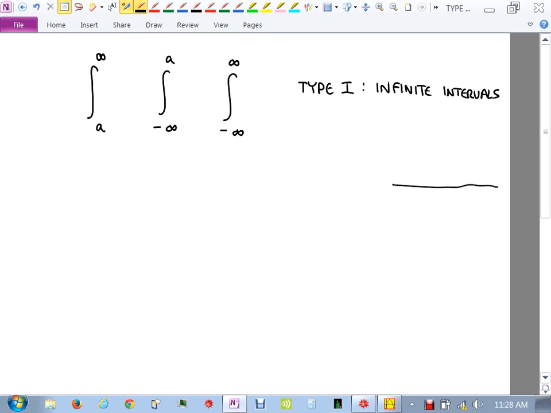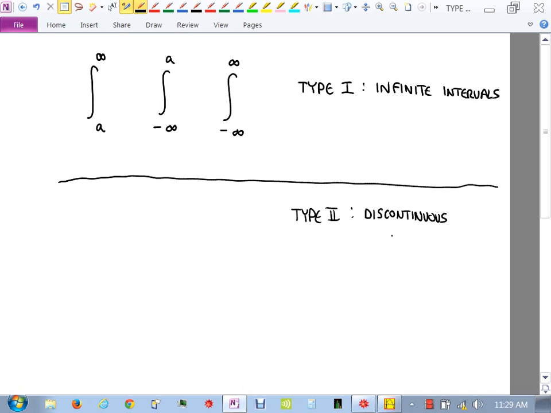The second type of integral is called a type 2. It's described as having discontinuous integrands.